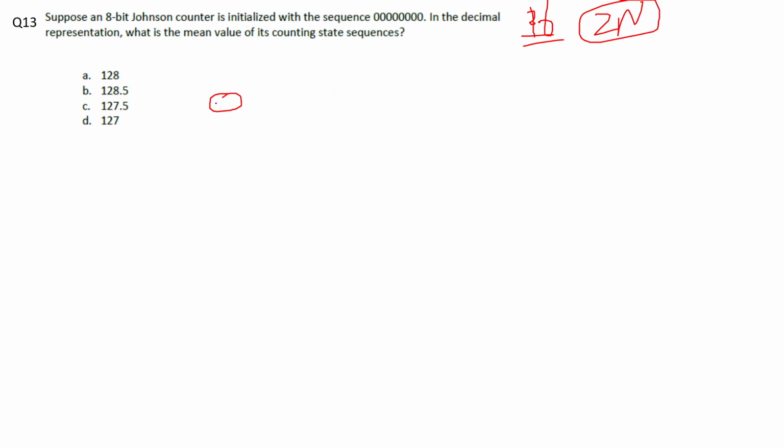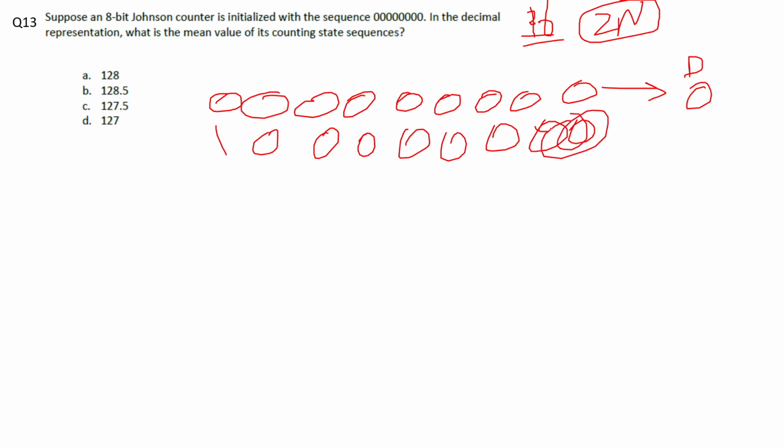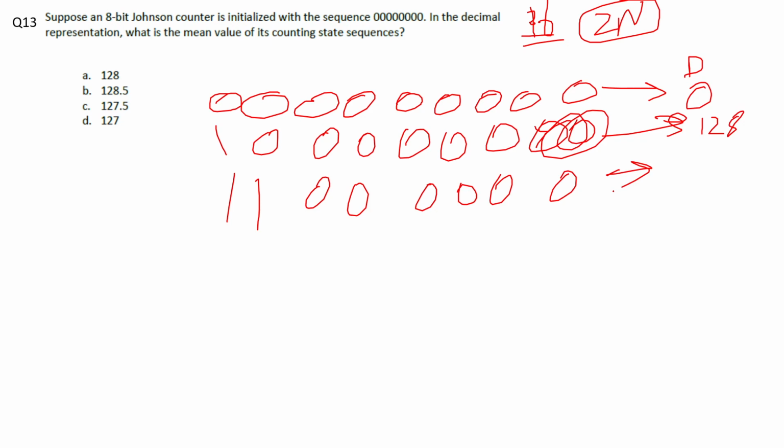So initial state is 00000000, so its decimal value is 0. The next state will be 10000000, so this is 128. Now 1 will propagate, it will be 11000000. So it's 128 plus 64, that is 192.